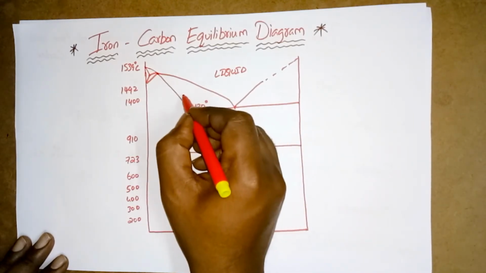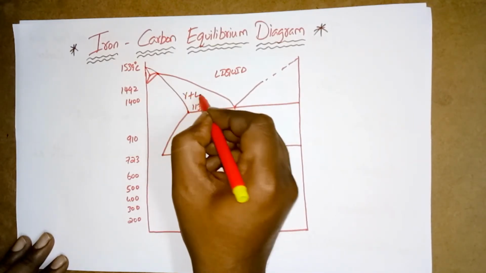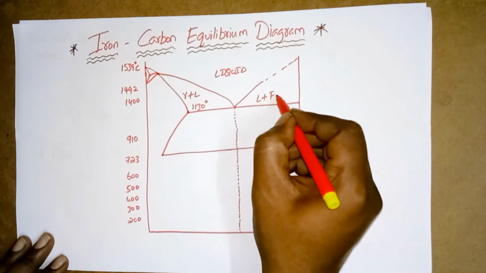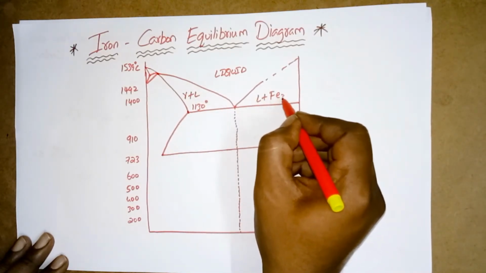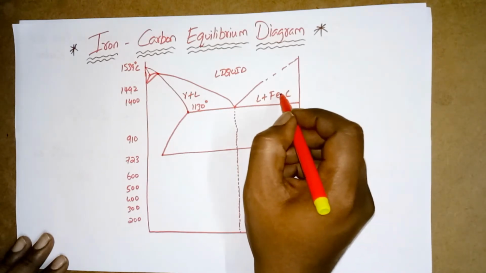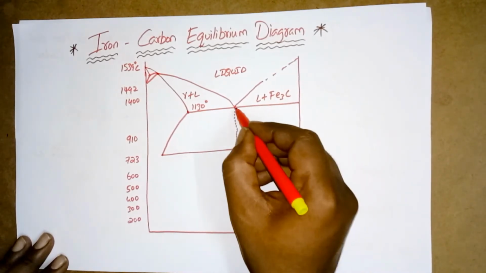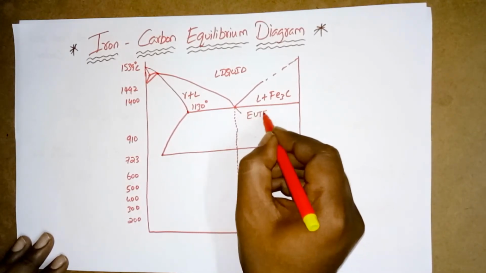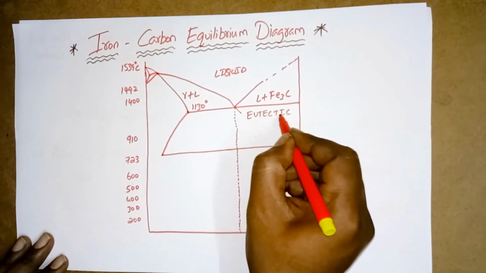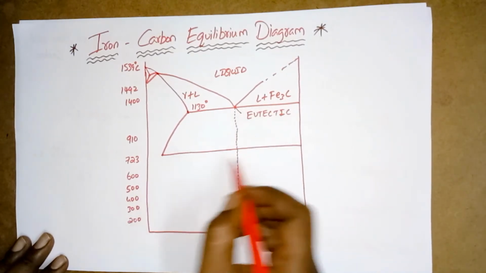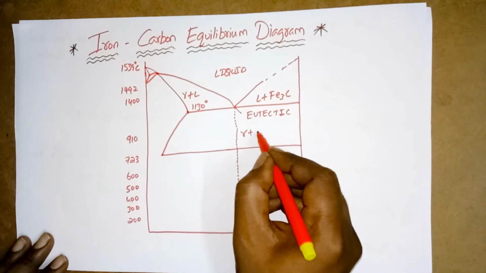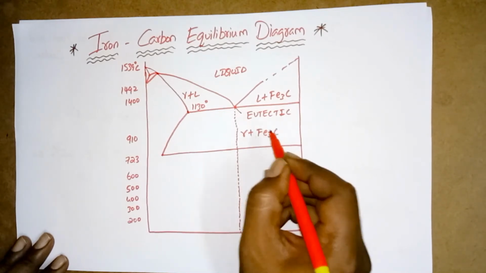So we can write this as gamma plus liquid, and here it comes liquid plus Fe3C, liquid plus carbide. This is eutectic, and here comes gamma plus Fe3C.